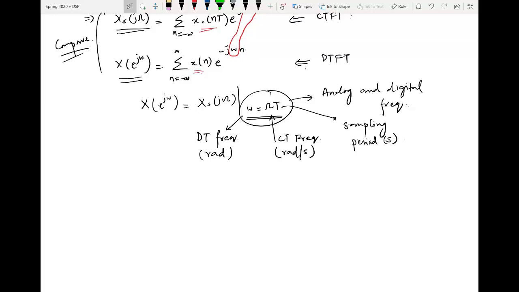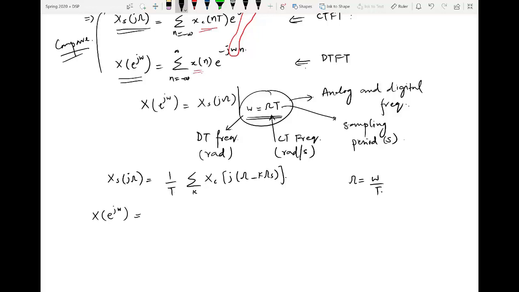If we follow this conversion, we can finally write that Xs of j omega is equal to 1 over capital T, the expression we have already written, summation over k of xc of j into (omega minus k omega s). Now, using the fact that capital omega is equal to small omega over capital T, we can also draw the DTFT, because all this exercise is to plot the DTFT of the resulting sampled signal.